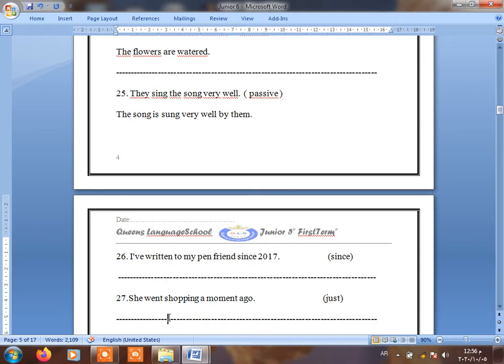So she, I will not write went because just is a key word with the present perfect. So she has gone shopping, and of course I have to put here just. She has just gone shopping because we put just between the helping verb and the main verb. Okay?